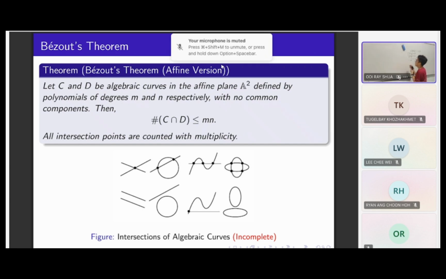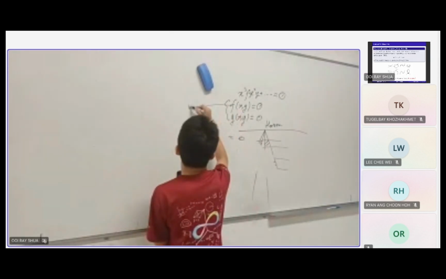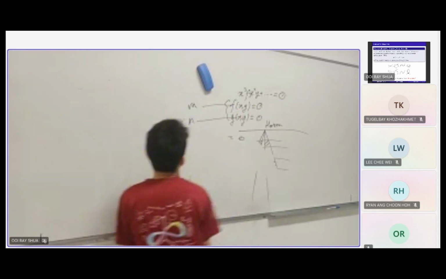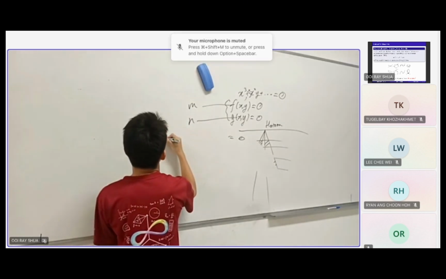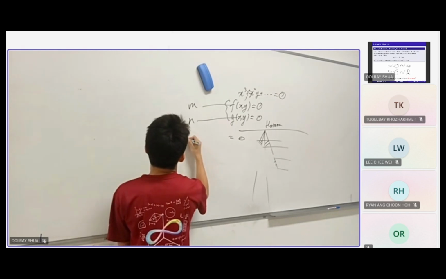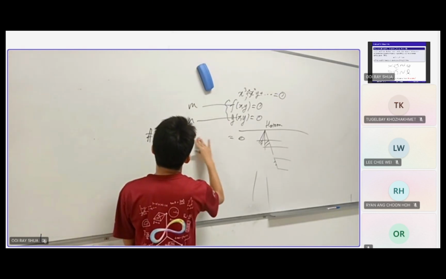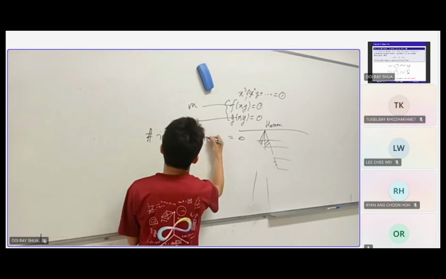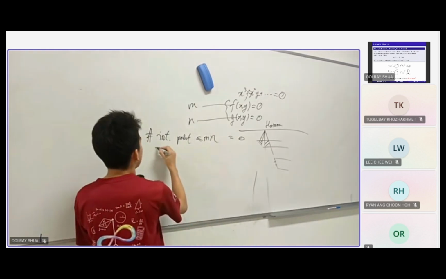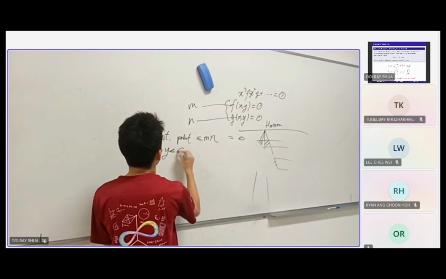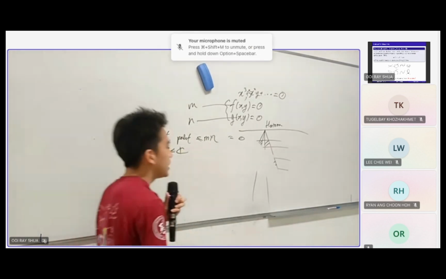So given algebraic curves of degree m and degree n, the number of intersection points is at most mn, even if you include the complex numbers x, y. It's still less than or equal to.